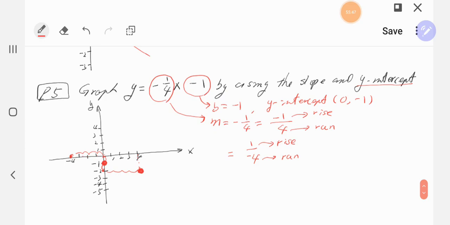Once you connect these two and go to the left all the way, this line should cross negative 4. Oh, this is not exact, this is not accurate.